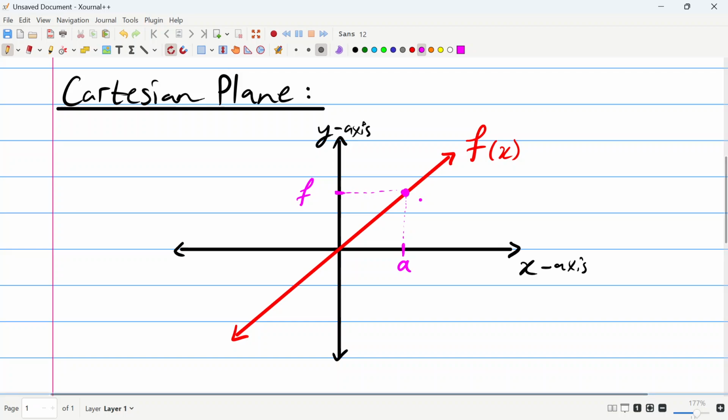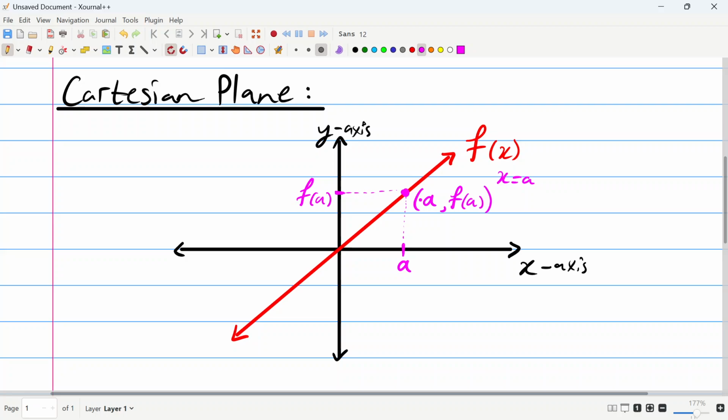In this case, we call this f of a. Notice it's f of x, and because one of our inputs is a, that is where x is equal to a. Then our coordinate, we'll name it as the x value, which is a, and then the y value, which is f of a. Okay, cool.